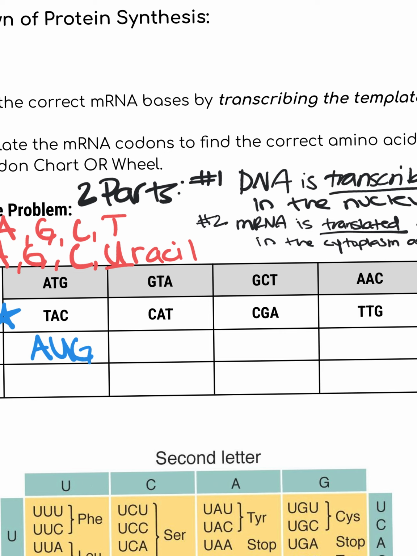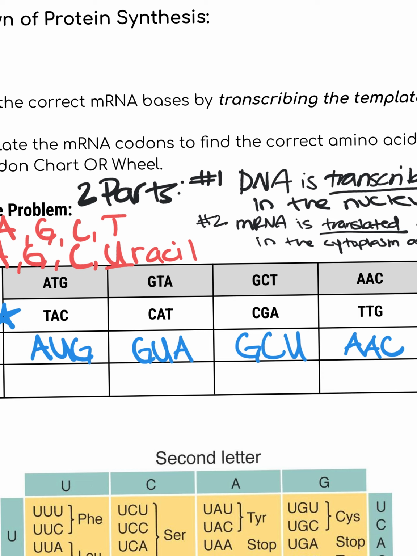C pairs with G, A pairs with U, and T still pairs with A. Next 3, G pairs with C, A pairs with U. Then we have A, C to match with that codon. And our last one, G pairs with C, A pairs with U, A pairs with U. So we've done part 1, or step 1, where we go through and we transcribe our DNA into mRNA.